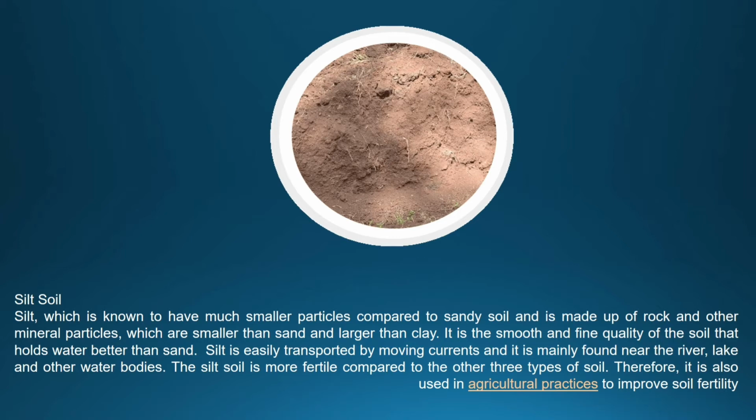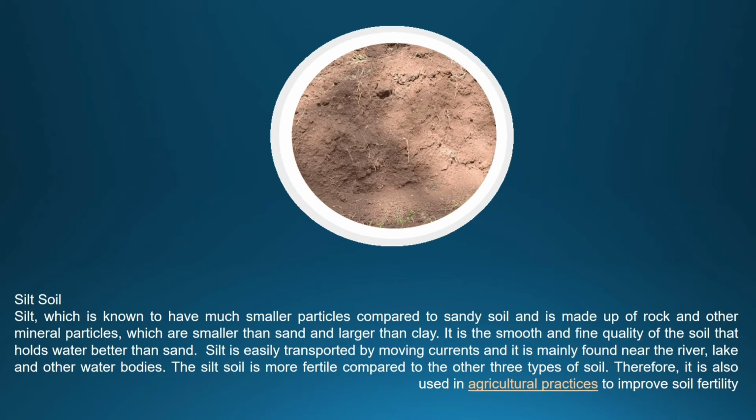These particles are smaller than sand but larger than clay. It's a smooth and fine quality of soil that holds water better than sand, so it has a very good water holding capacity compared to sandy soil.